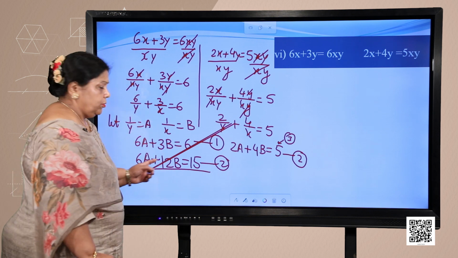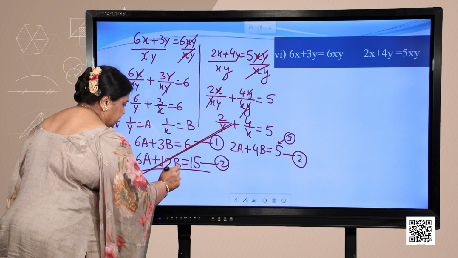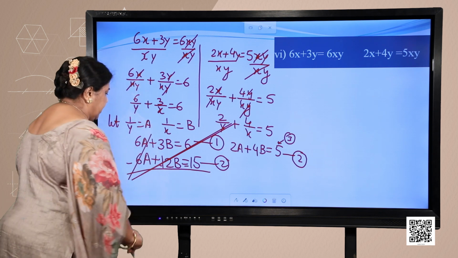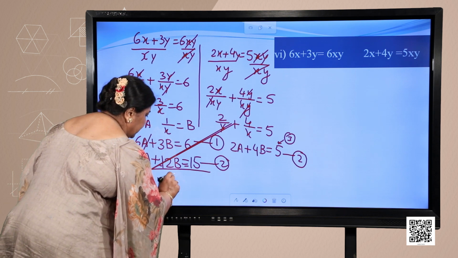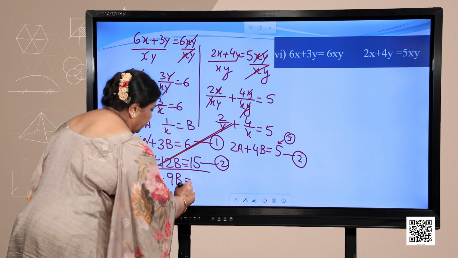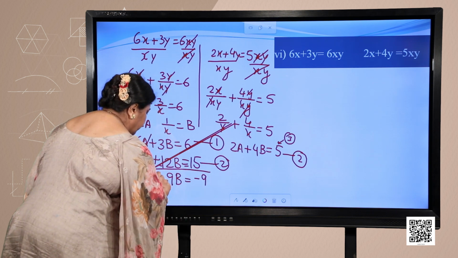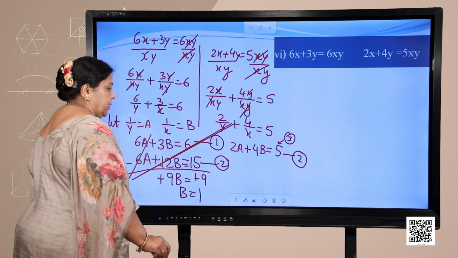So, as you know, same sign we have been subtracting. If we subtract, signs will change here and 6a gets cancelled. What is 3b minus 12b? It is minus 9b is equal to, what is 6 minus 15? Minus 9. So, I get value of b as 1.